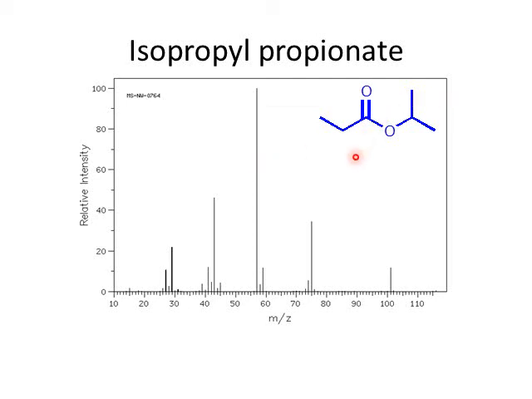If I was to break here, I'd get something that had 3 carbons and an oxygen. So 36 plus 16 is 52, plus 1, 2, 3, 4, 5. That would weigh 57. So our base peak comes from breaking this right here, and that'll give me this. I could go through and explain some of these others, but let's just focus on the base peak.